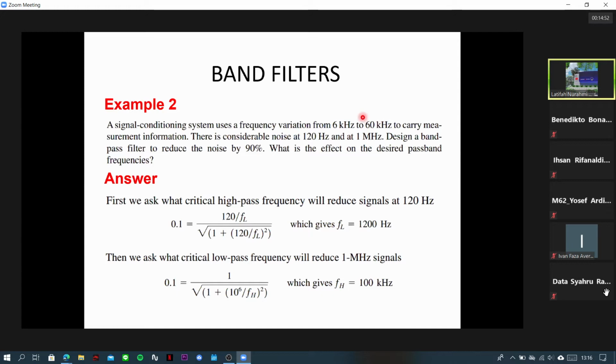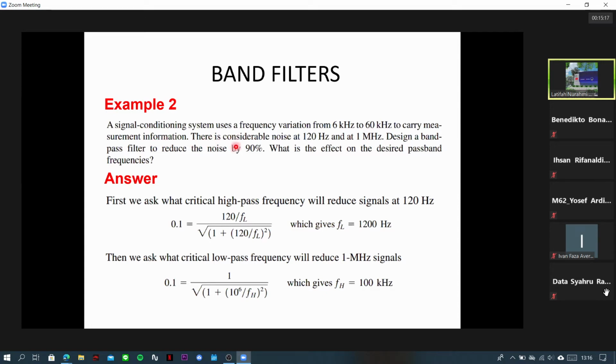Remember, this is the frequency. We also have voltage to carry measurement information. So our measurement instrument is able to capture a frequency between 6 kilohertz up to 60 kilohertz. That's the meaning of it.